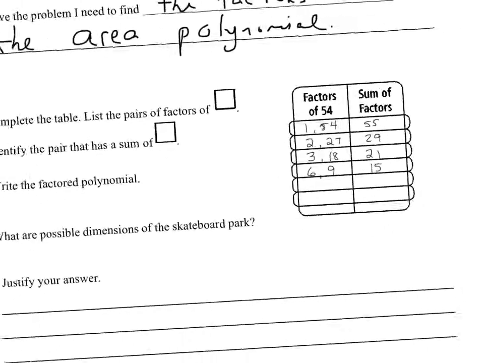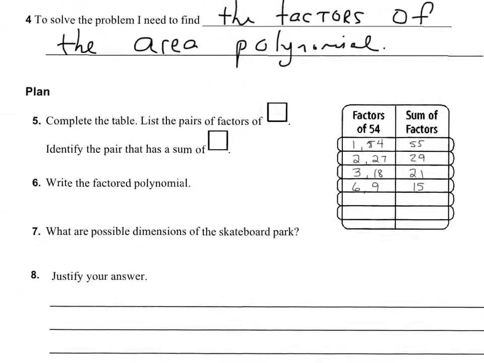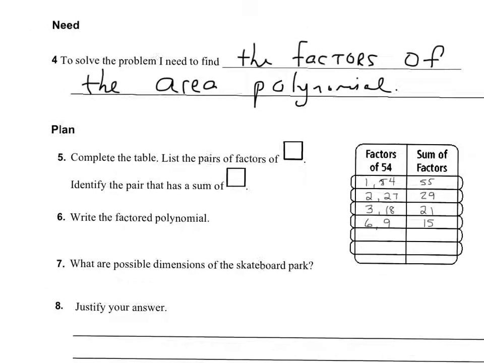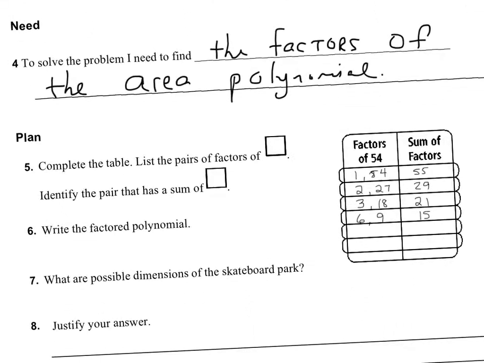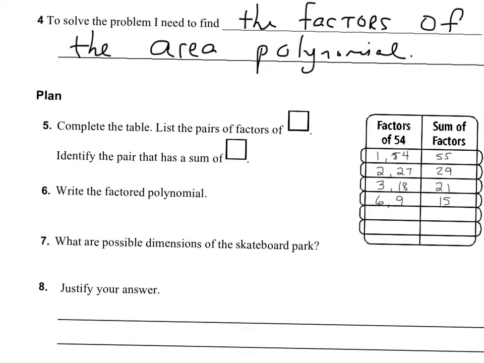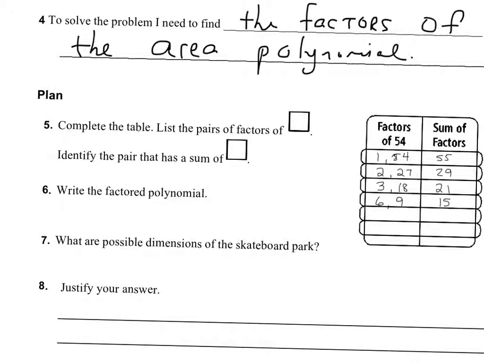If we go back to what this has to add up to in the area polynomial, what is it? You're right, 15. So we write the factored polynomial would have to go along the lines of this row. So the factored polynomial would be x plus 6, x plus 9. So what it wants are the possible dimensions of the skateboard park.